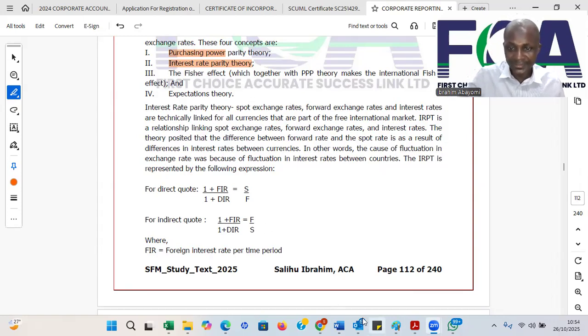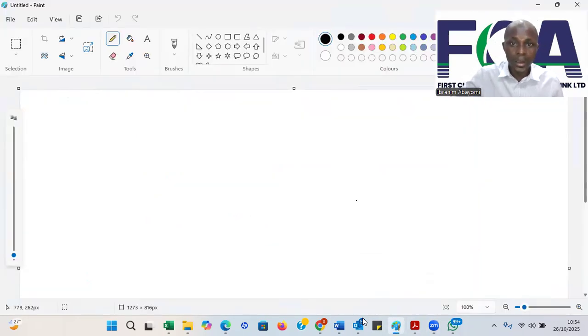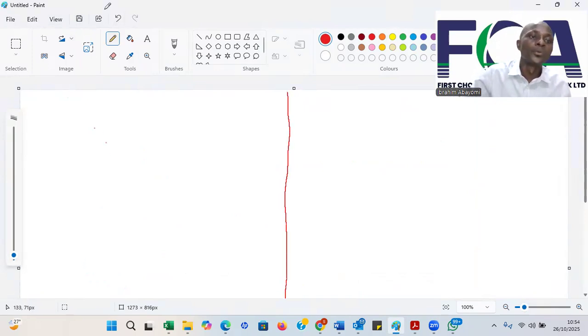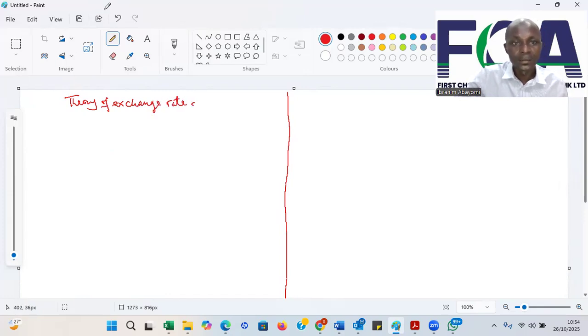Now let's go and see. Sorry, I don't like that. Check correct. Okay. So what I call it, theory of exchange rate determination.